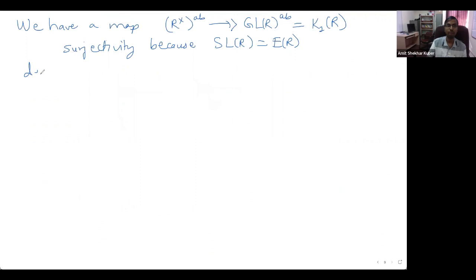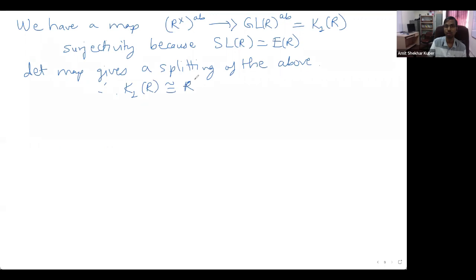So the det map gives a splitting of the above. And therefore, K1R is isomorphic to R cross. So now you can compute it for any local ring as well.